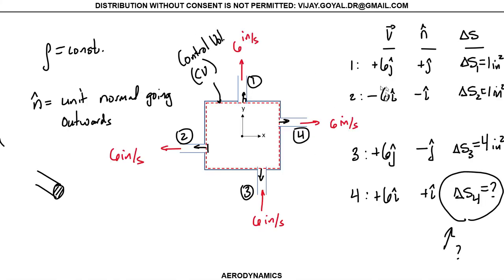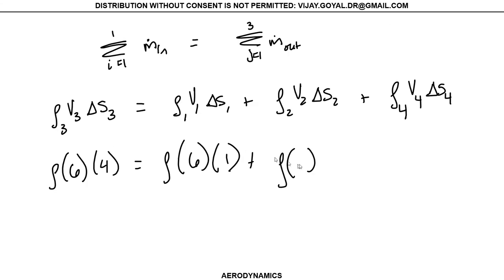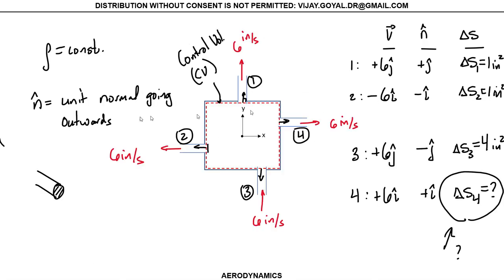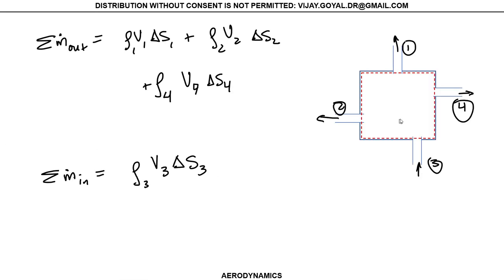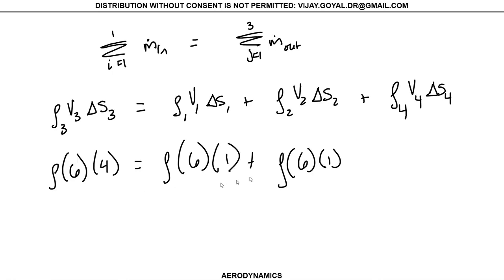V2 is minus 6. All we care about is the magnitude, not the sign, so this is 6, it's not minus. And then delta S2 is 1. You're wondering why I didn't take the minus sign? Because I only took into consideration that everything that goes in is equal to everything that goes out, and that only includes the magnitudes. Okay, so we can leave it like that.